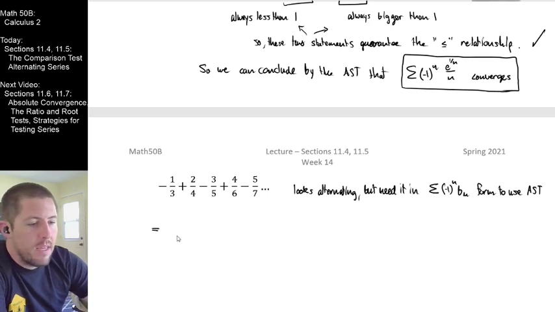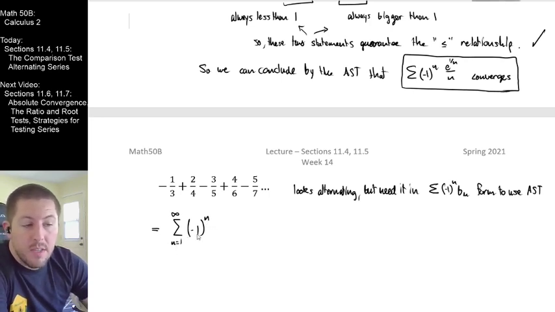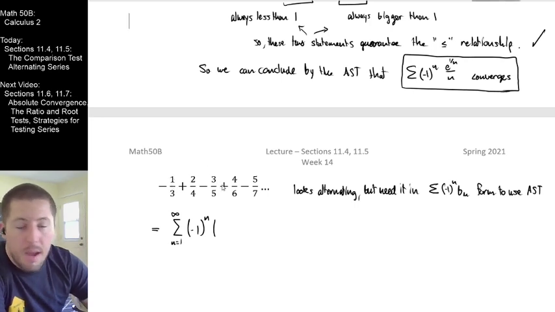So it seems to me that this is going to be the series here that, starting at 1, and I'll indicate it on this one, starting at 1, it looks like this is negative 1 to the n, because notice n being 1 says our first term should be negative, which is exactly what we have right there, times what is our b sub n function right here? Well, it looks like our first term had 1, second term had 2, third term had 3 up in the numerator.